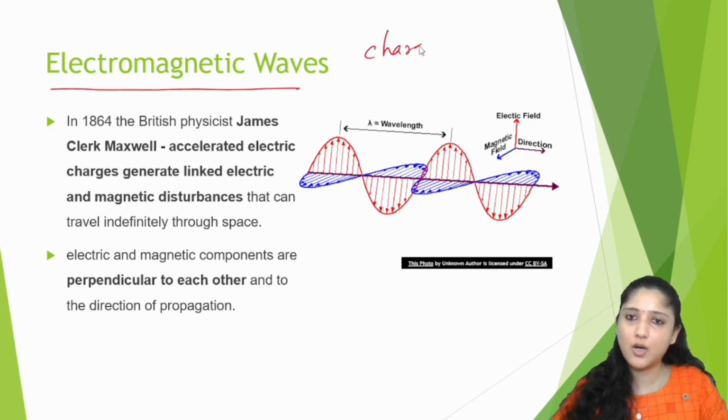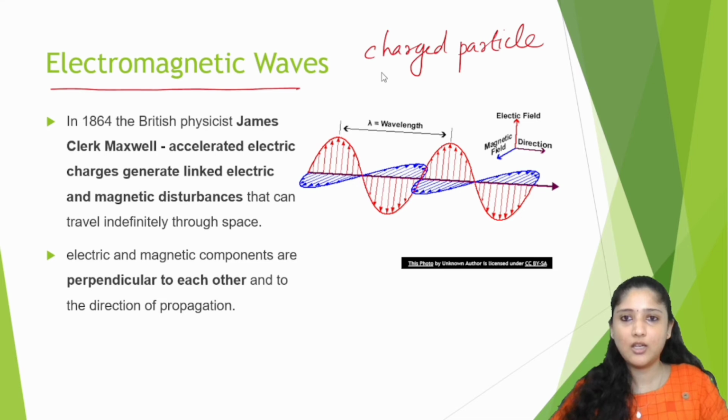When a charged particle is kept under acceleration, it transmits both electric and magnetic fields. The magnetic field and electric field transmitted are known as electromagnetic waves. The field is transmitted in the form of a wave.